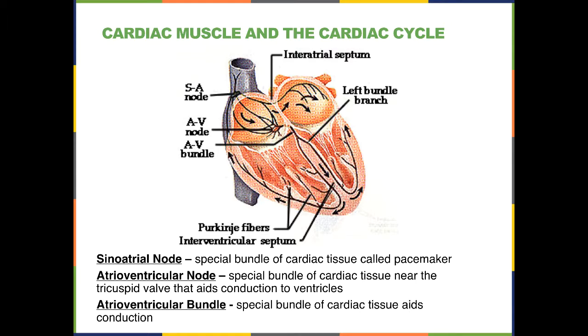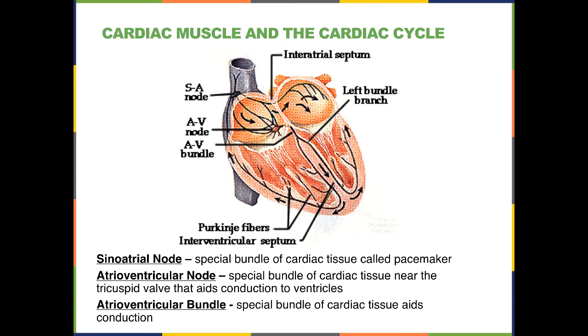And in order to make this happen in a more efficient way, we have atrioventricular bundles, which are bundles of specialized tissue that conduct the impulse to the tip of the heart and allow the heart to contract from the bottom up instead of haphazardly.